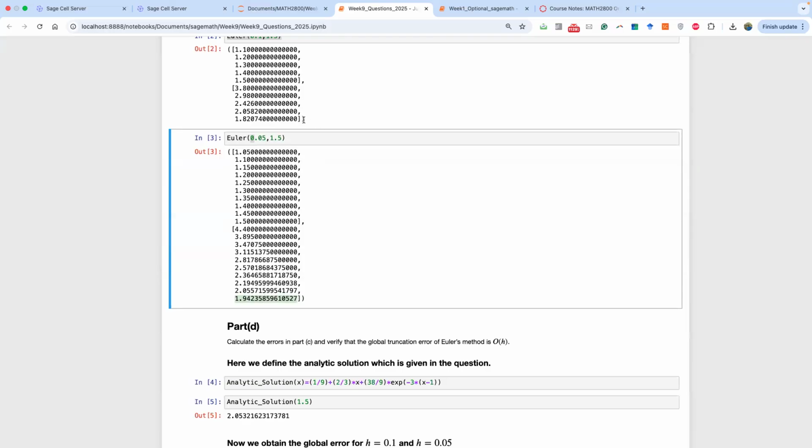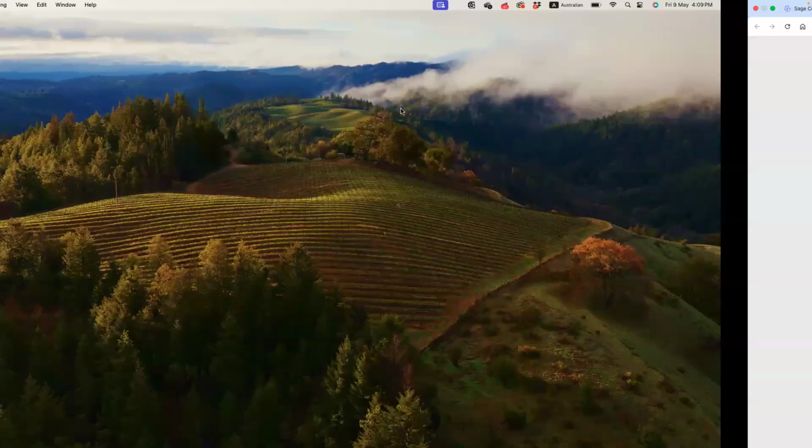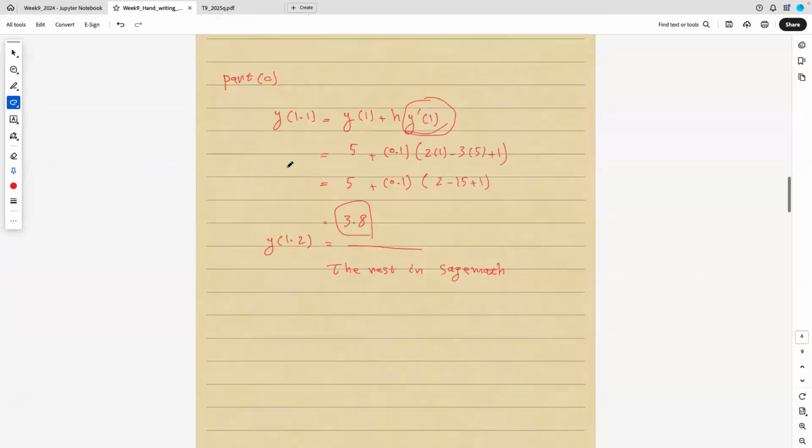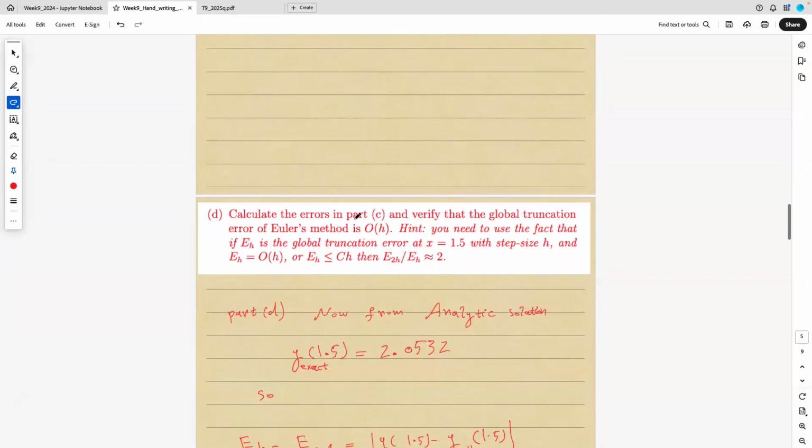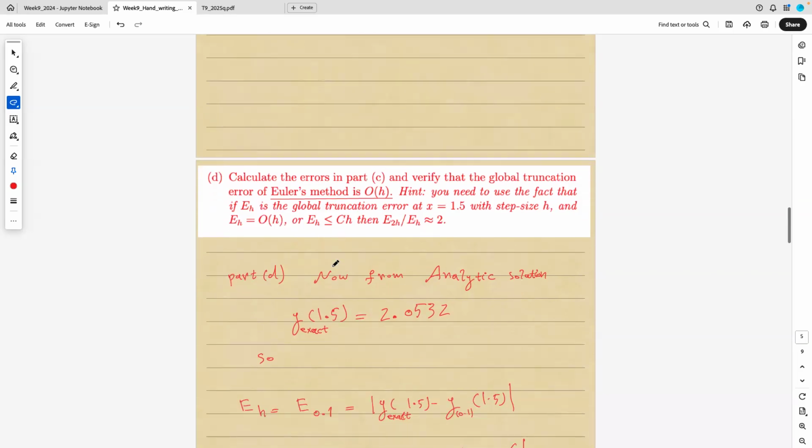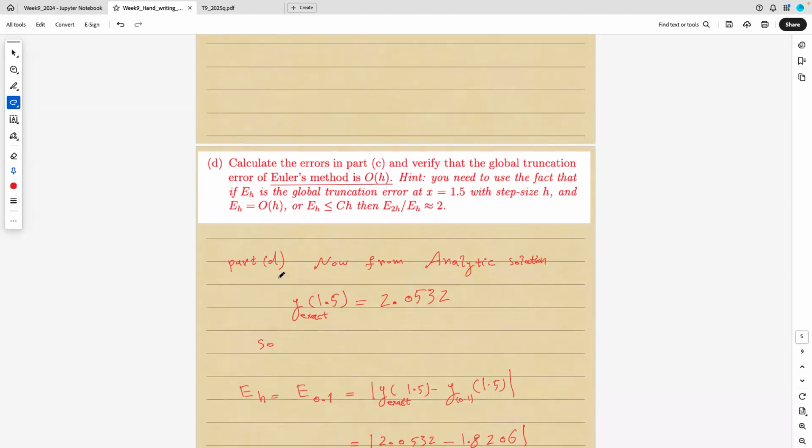All right, now let's go to the questions. Part B says to calculate the error in part C and verify the global truncation error. The global truncation error in Euler's method is big O of h, meaning a constant times h. So we will do that.